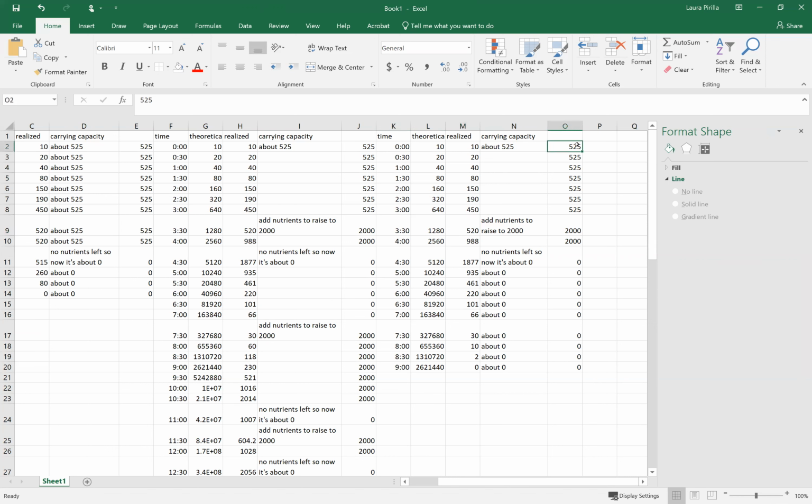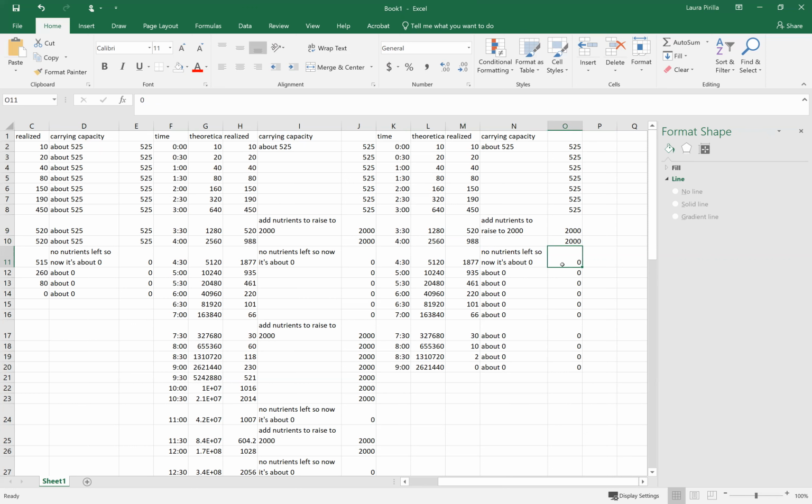Now your carrying capacity goes from about 525, it increases to about 2,000. So you see your realized growth means that you can keep doubling past that. But now your carrying capacity is 2,000. So when you get close to that number, you're going to level off and then crash, right? So here at 4.5 hours, we get close to that.